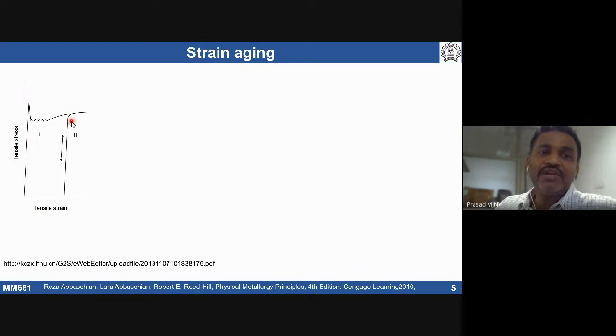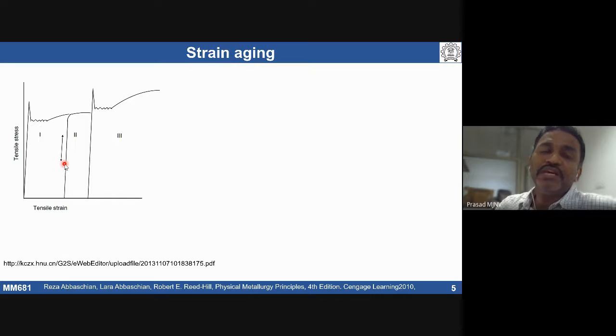typically, when you reload it like this, it will not show formation of this yield point phenomenon. However, instead of reloading immediately after unloading, I hold it at room temperature, or at a certain temperature, for a certain amount of time. What happens?